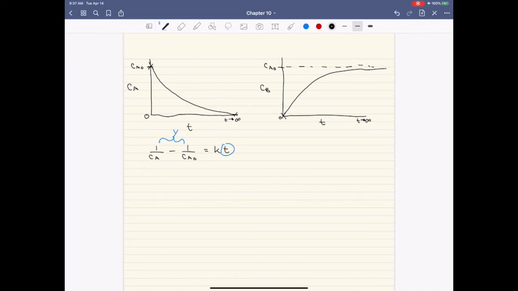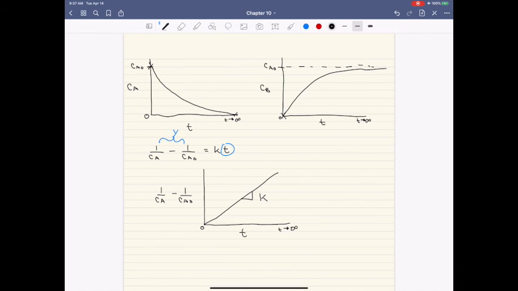And so what we could do is develop a plot where the y-axis was 1 over Ca minus 1 over Ca naught, and the x-axis was time. And if we plotted our equation like this, we would expect to see a linear equation, right? Where the slope of this line is just equal to k. This is as time approaches infinity.